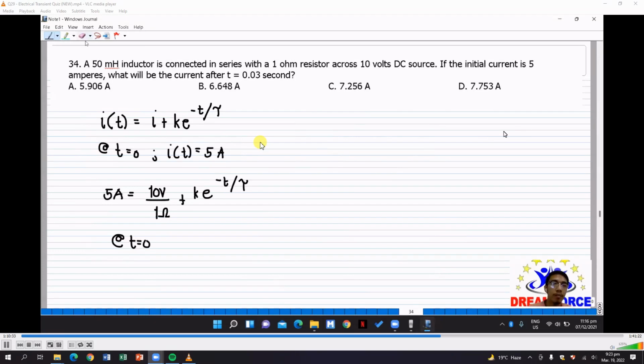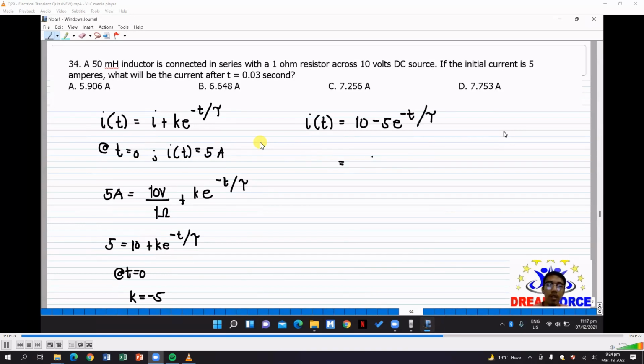I-rewrite lang natin to. 5, that is equal to 10 plus K E raised to negative T over tau. Ayan, at T equals 0, okay, 1 na yan. So ang K natin magiging 5 minus 10 or negative 5. So ang maging general equation natin ay as a function of T that is equal to 10 minus 5E raised to negative T over tau.